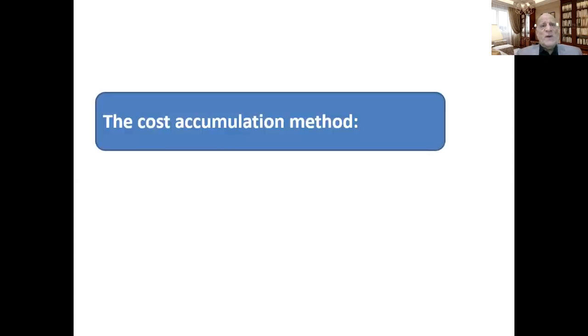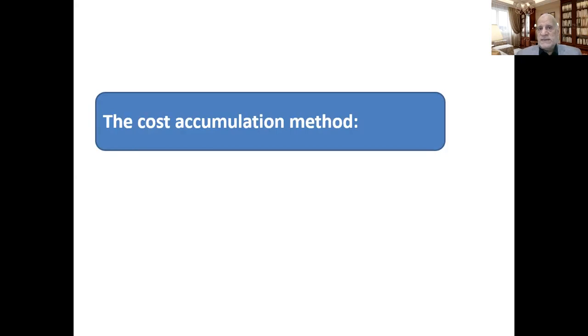When developing the costing system which fits the firm, the management accountant must make a choice for each one of the following characteristics of costing methods. The first one is the cost accumulation method. That is, is it job costing or process costing or joint costing?